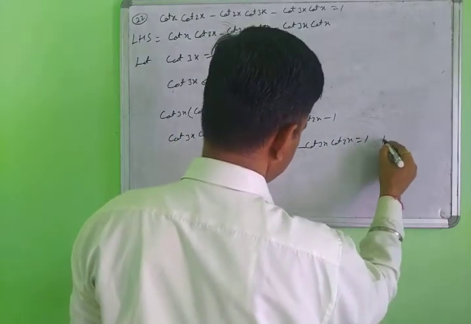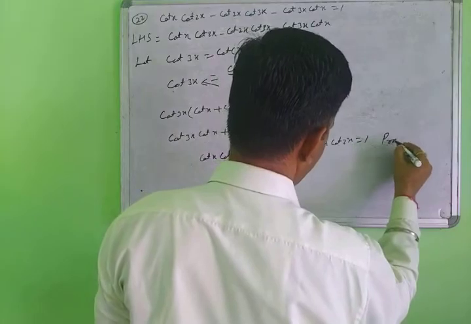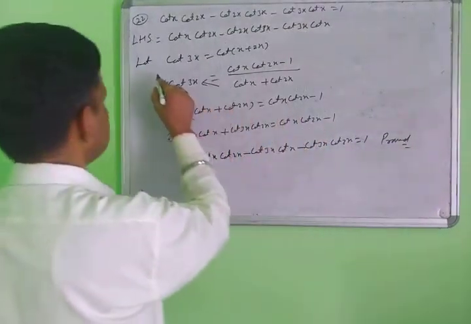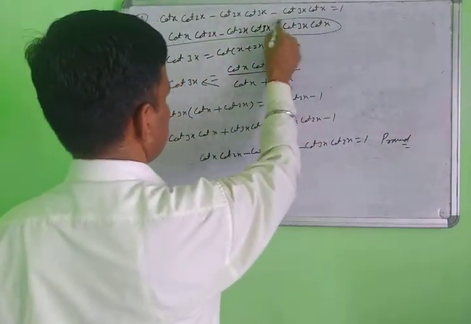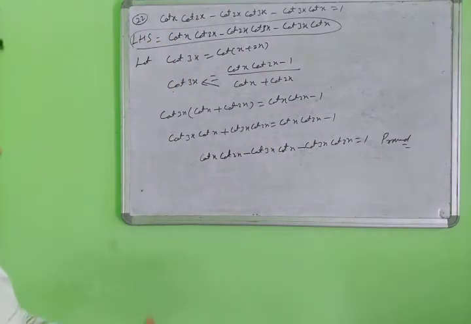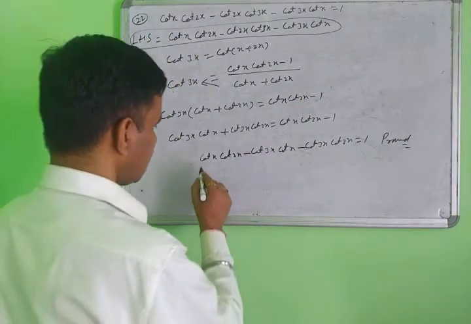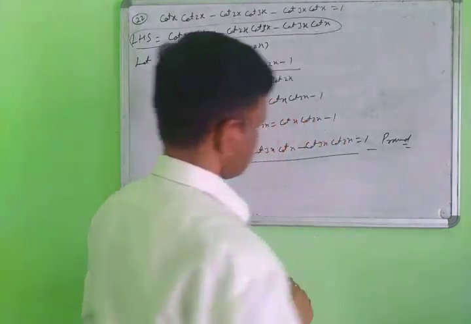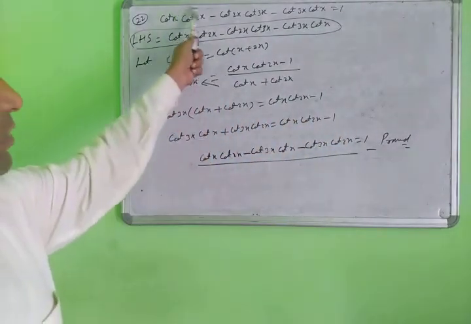So this is your proof. The whole identity, this is not required. I have the whole left-hand side and right-hand side, the complete identity. This is LHS and this is RHS. So yes, the whole question is proved here.